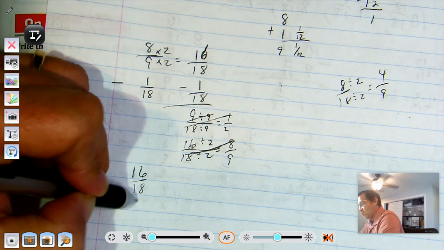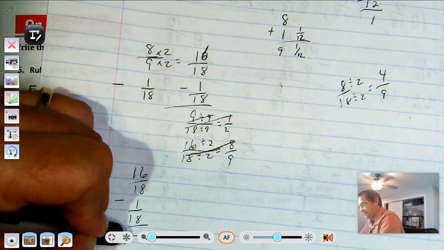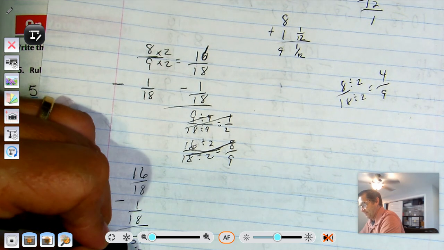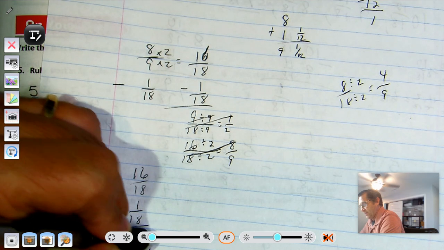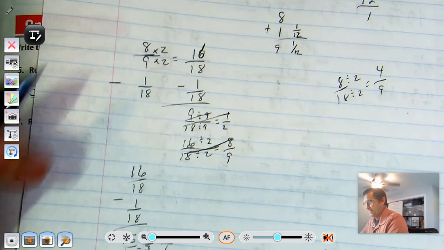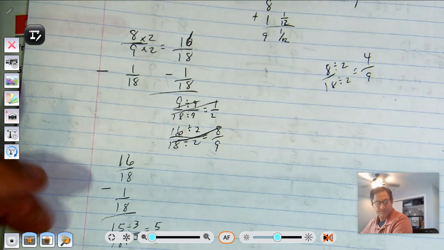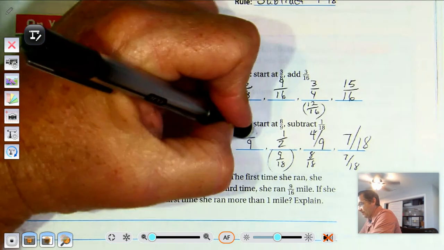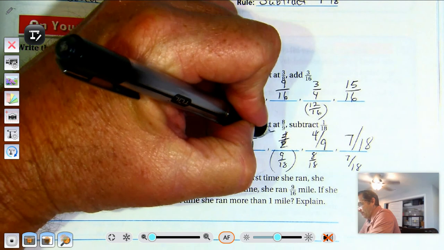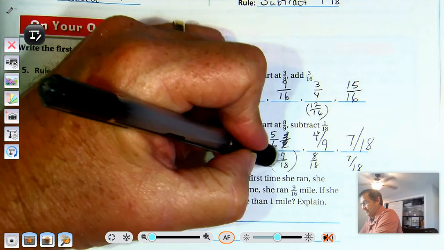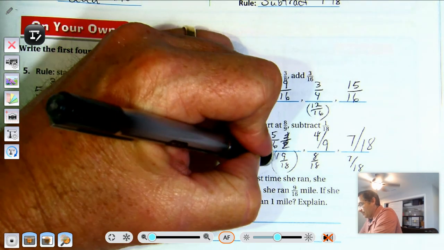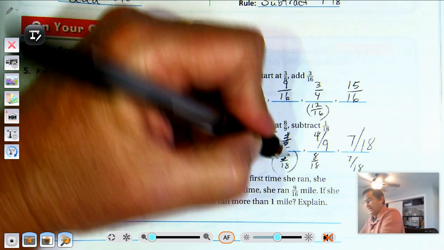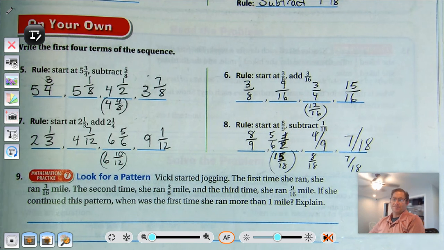So 16/18 minus 1/18 gives us 15/18. We can reduce by 3. So we get 5/6. Okay, so not 1/2, it would be 5/6. Because that would have been 15/18.